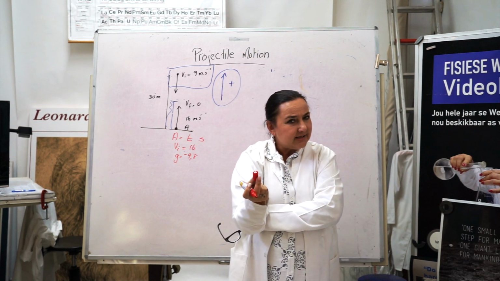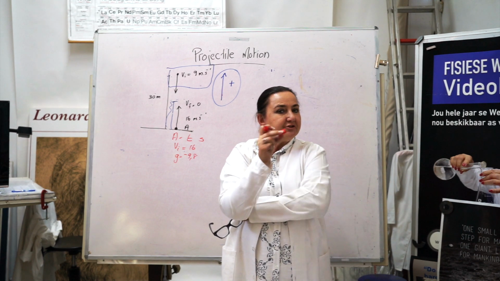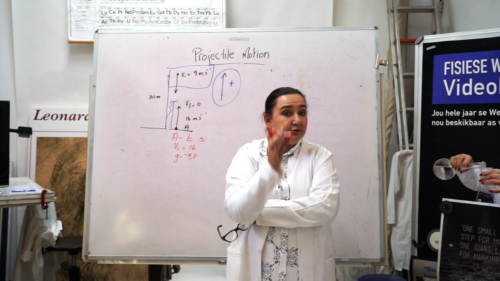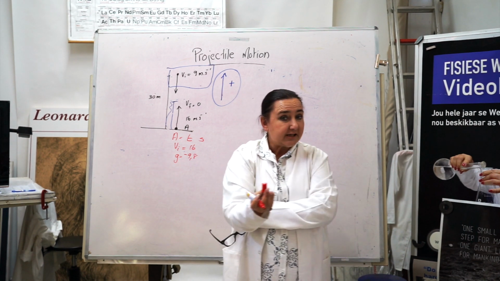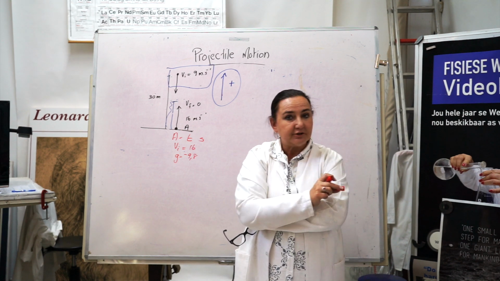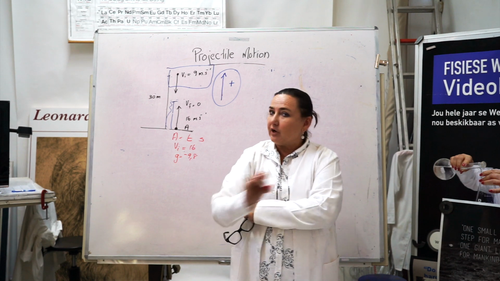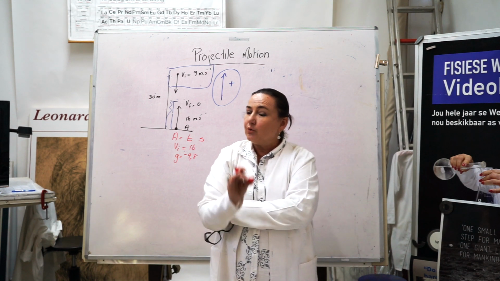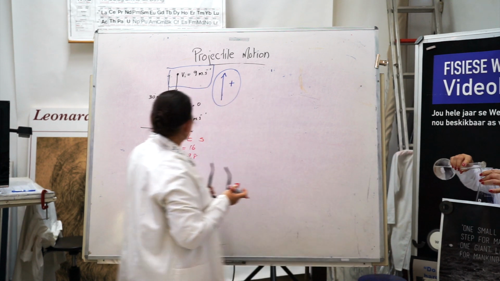So we don't have the final speed, which indicates I shouldn't use a formula where I don't have time, delta y, and final velocity. And also it's not asked. Therefore, I'm not going to use a formula where there is final velocity. So which one will I then use?